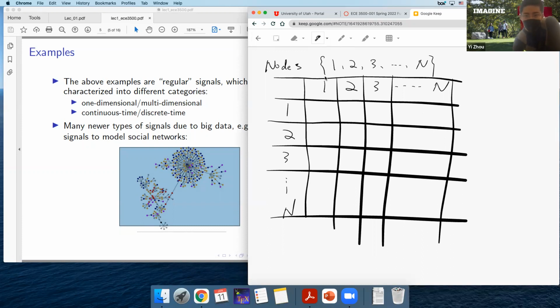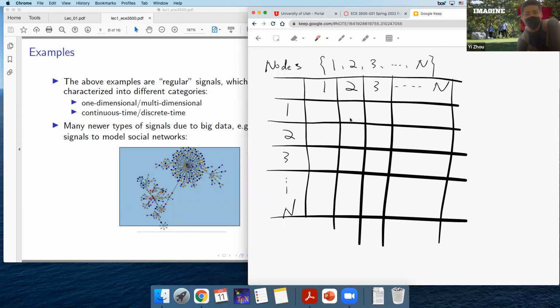If you look at the first row, it is basically characterizing the relation between the first person and all the other persons, including herself. Looking at the second row, we can use this to describe the relation between the second person and all the other persons.